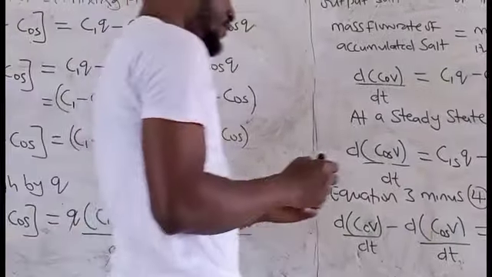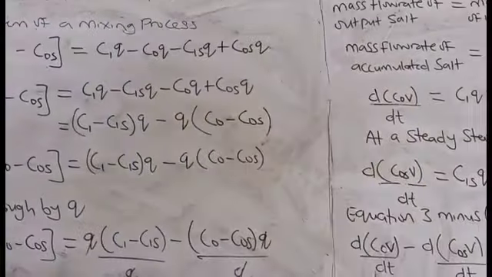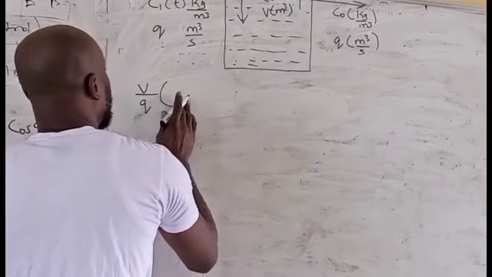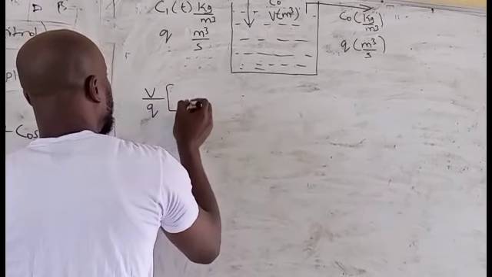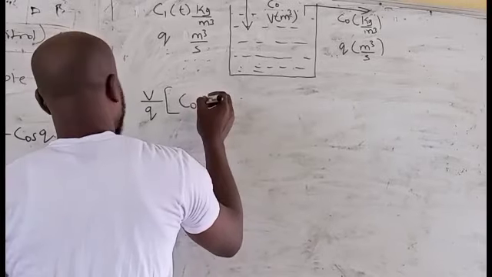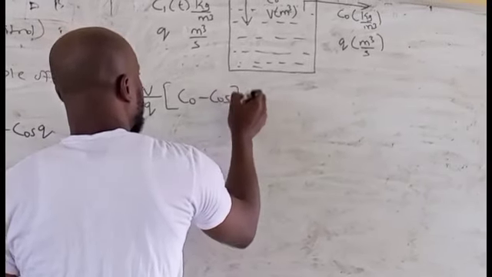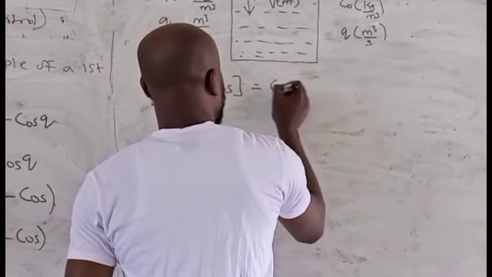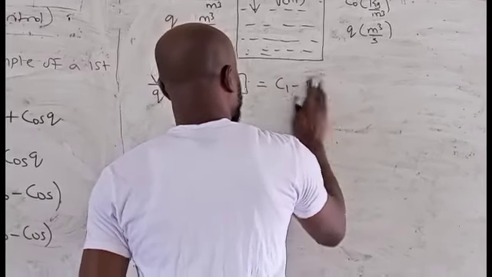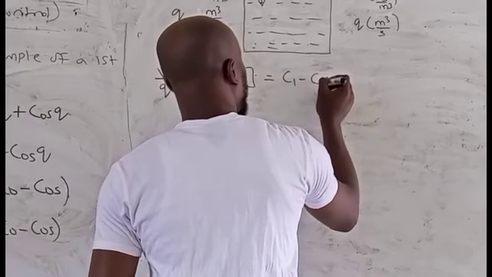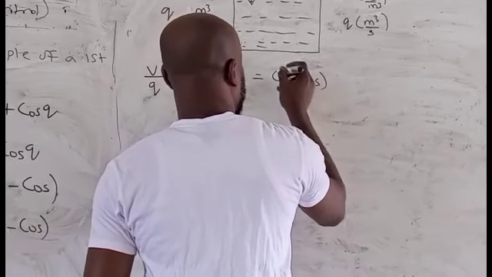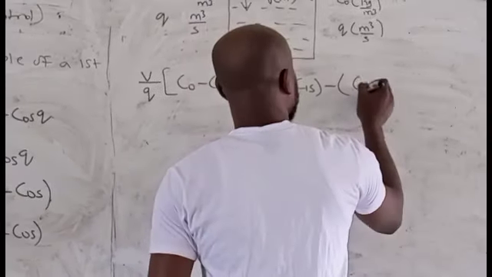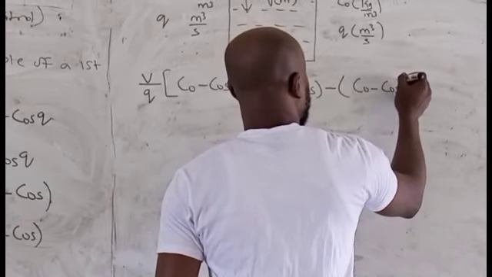So we are going to have another equation: V over Q into CO minus COS equal to C1 minus C1S, then minus CO minus COS.